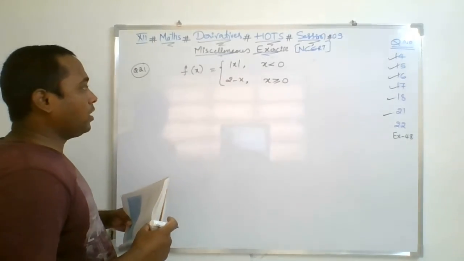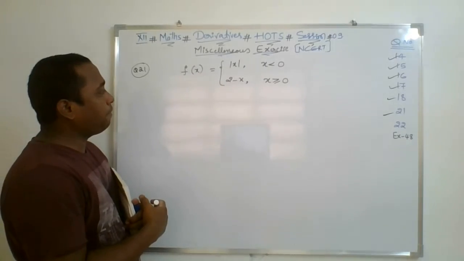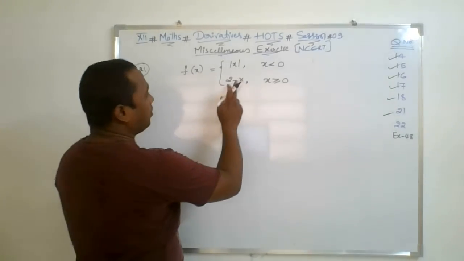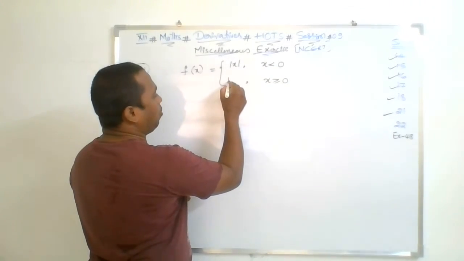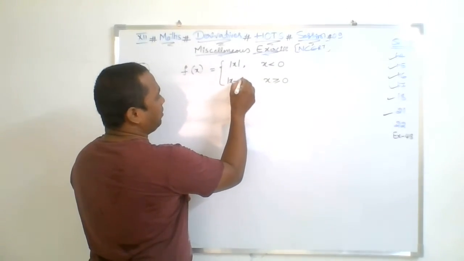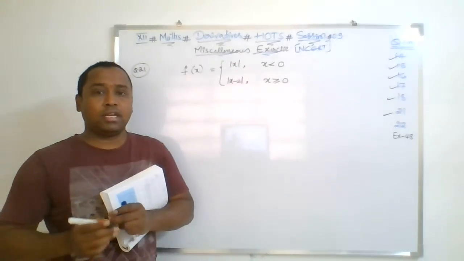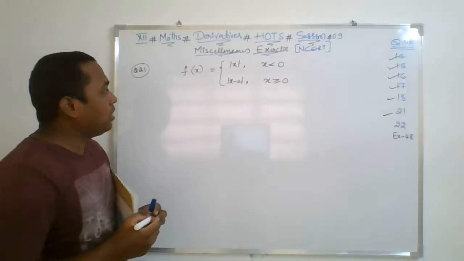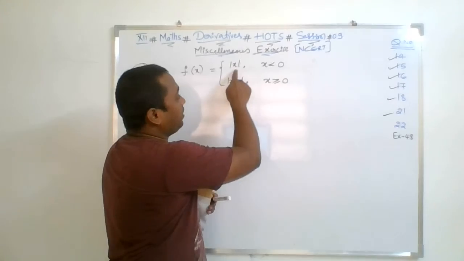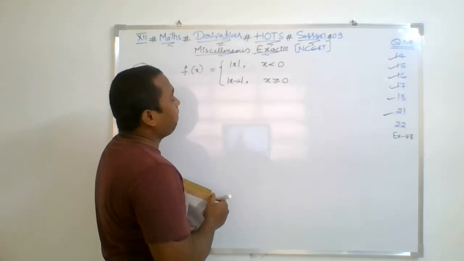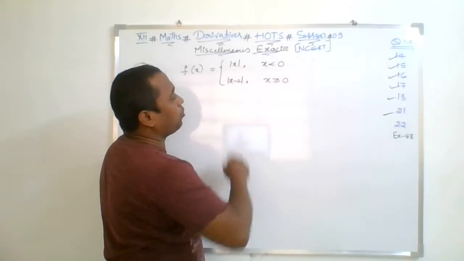So if you plot this function, there are several functions you can take. Modulus of x minus 2. I'm taking a combination of different modulus functions where I'm trying to join these two functions, right? You will see that when you plot this function properly.